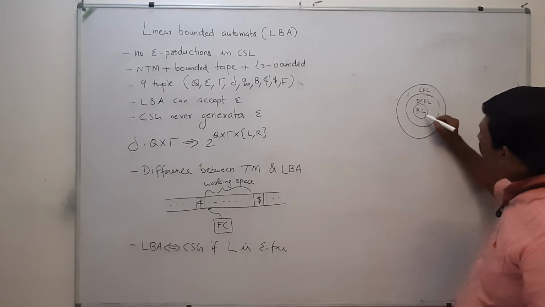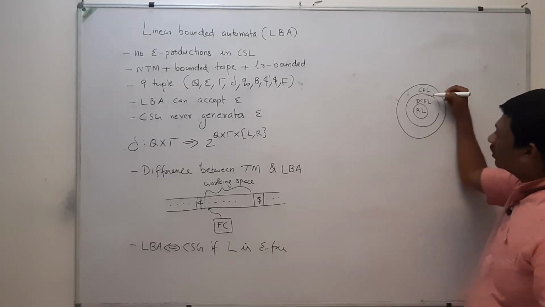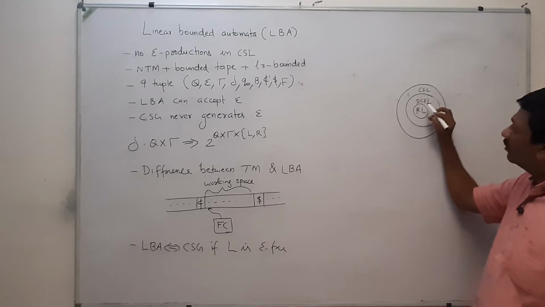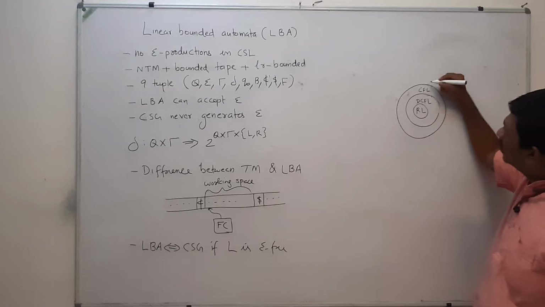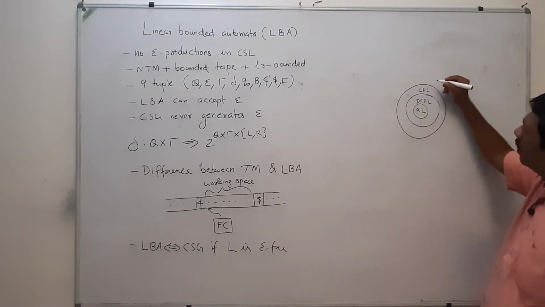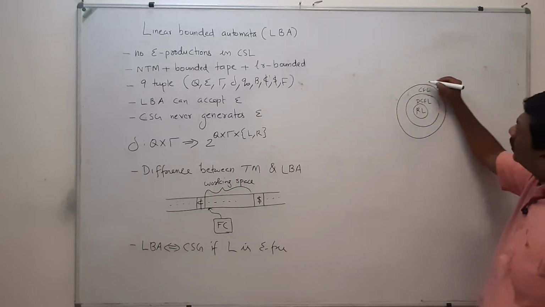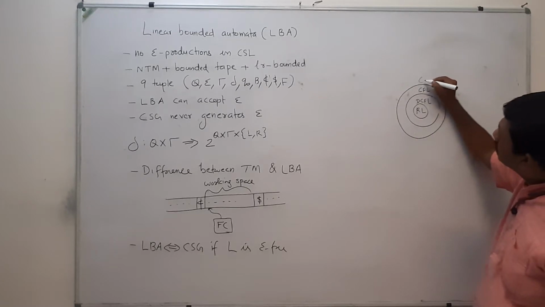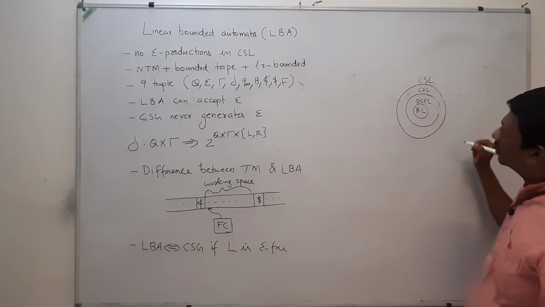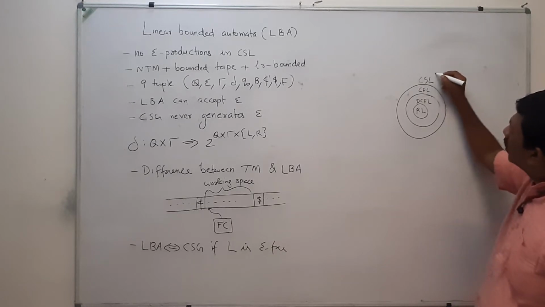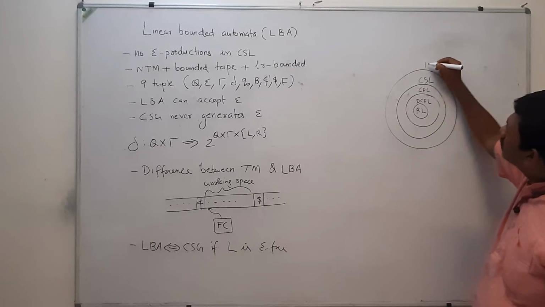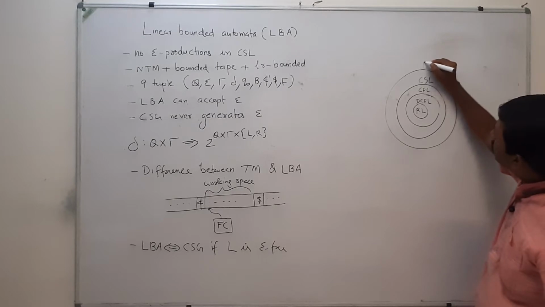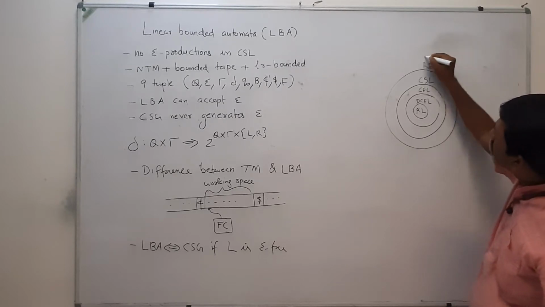That means there are two types of context free languages: deterministic context free language and context free language. Then on the outside you have the linear bounded automaton, that is CSL, and after that is unrestricted grammar, or the recursively enumerable language.